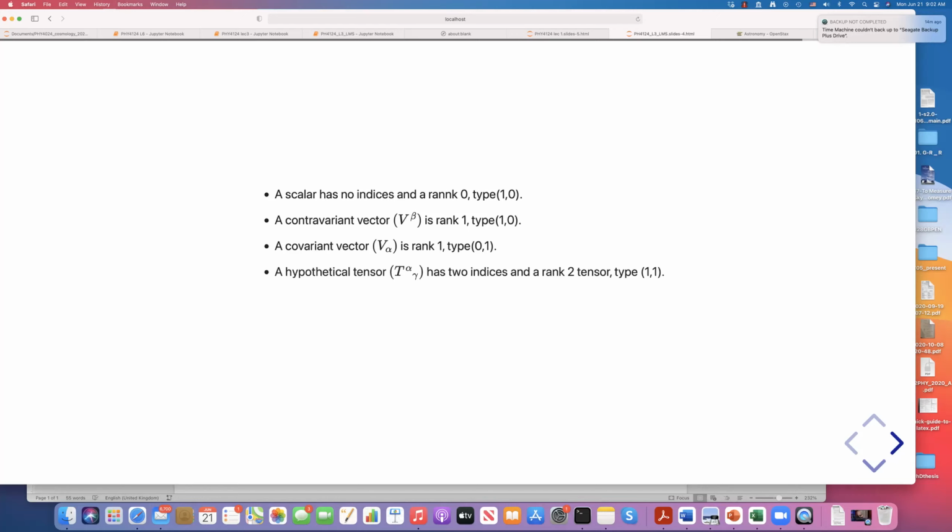And if you think about a higher rank tensor, let's say you have a tensor called T alpha gamma. This has 2 indices, as you see, alpha and gamma. So because of that, it is a rank 2 tensor, and the type will be type 1, 1, because you have 1 upper index and 1 lower index. And just see, this is why writing the tensors and getting used to it is important.